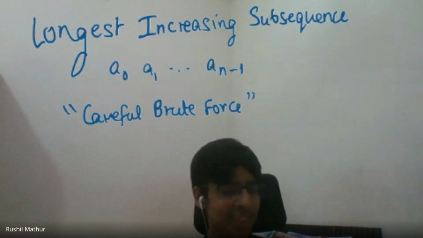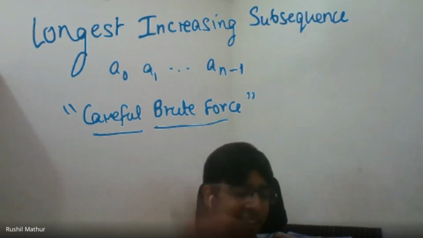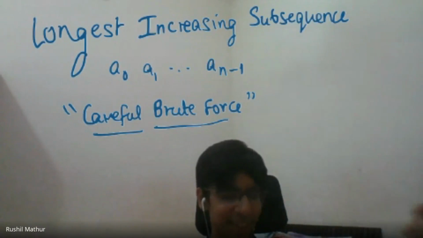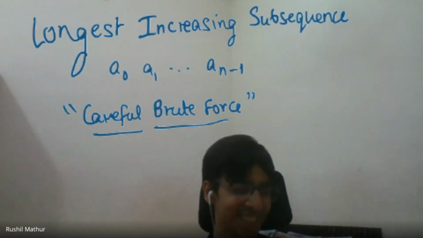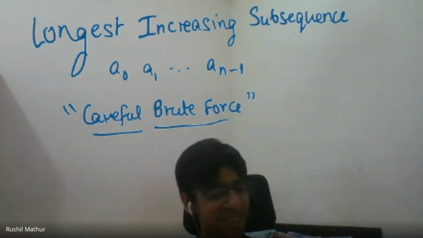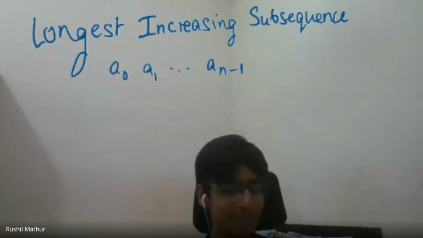Oxymorons are basically when two opposite words are together. Brute force usually means you're very careless and just try out everything. Careful means you're not trying out everything. So that's an interesting thing said about dynamic programming. But okay, coming back to the problem.